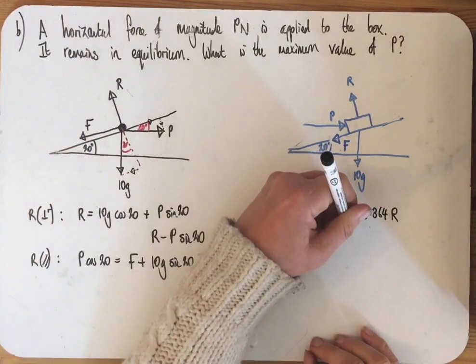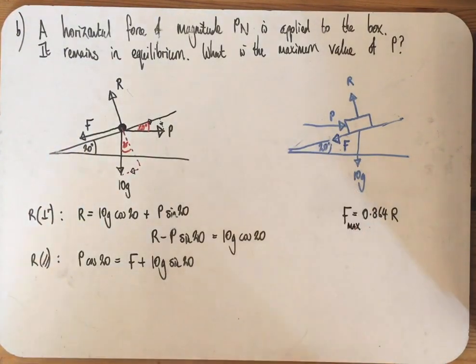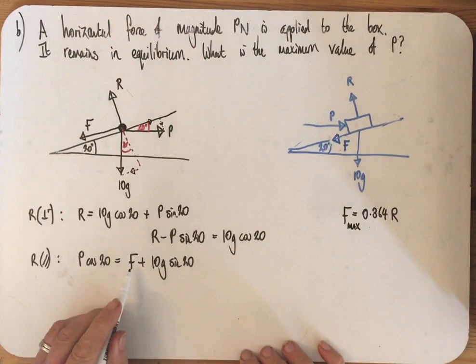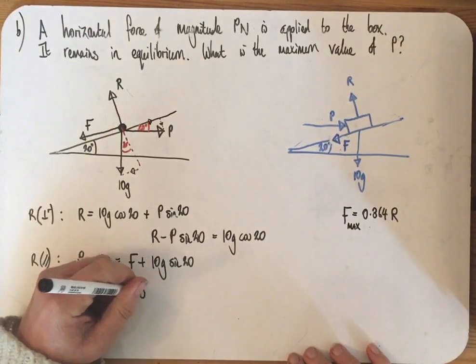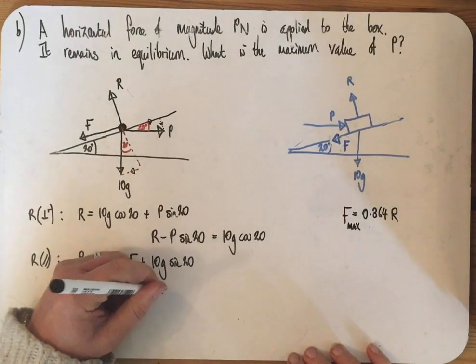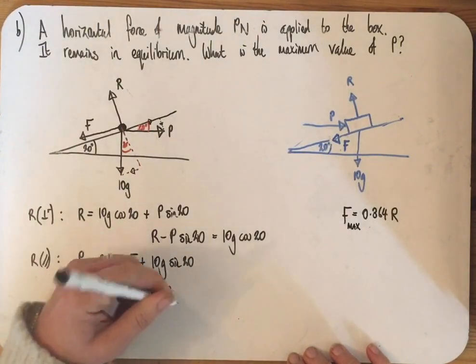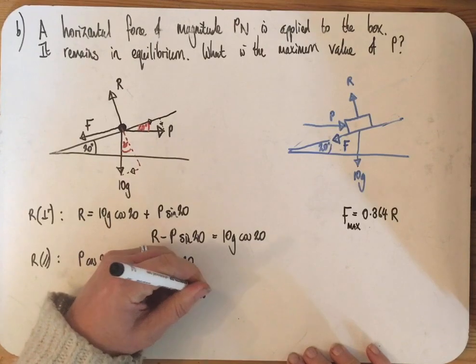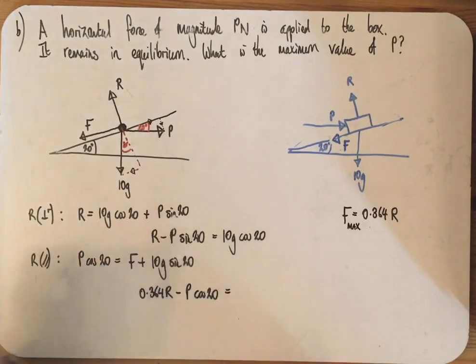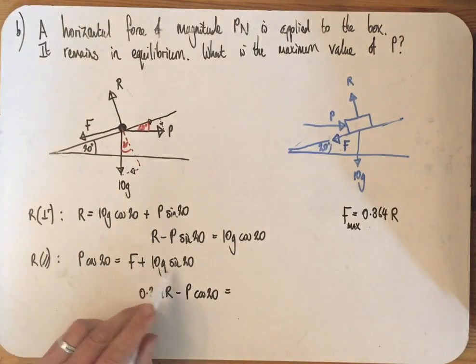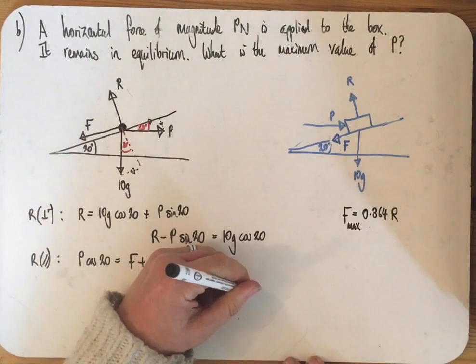So F max is equal to 0.364 R. So substituting that into there, I get 0.364 R minus P cos 20 is equal to 10g sine 20.